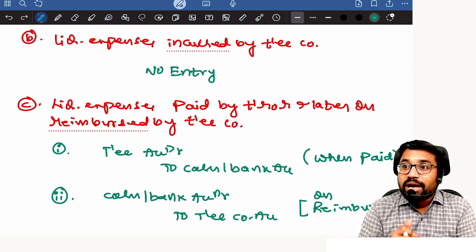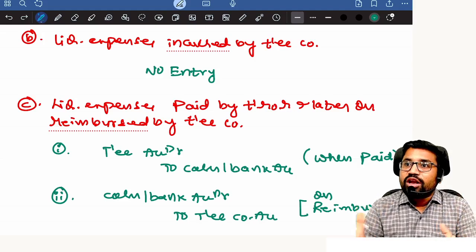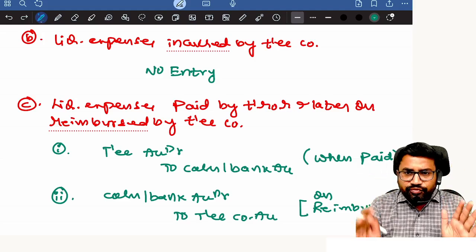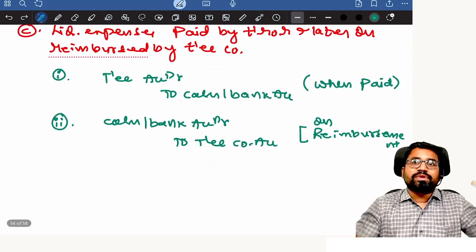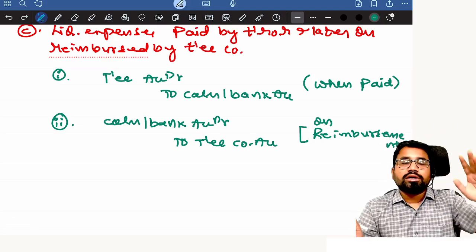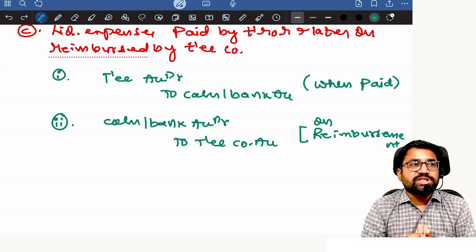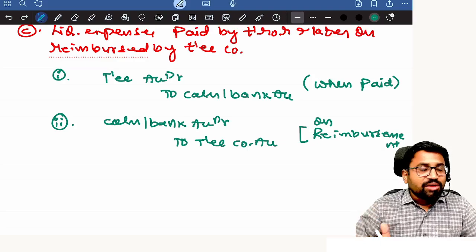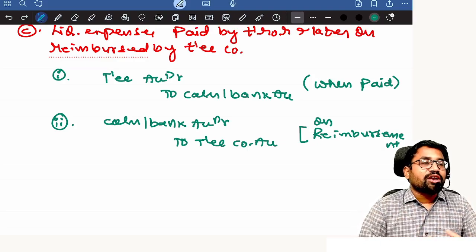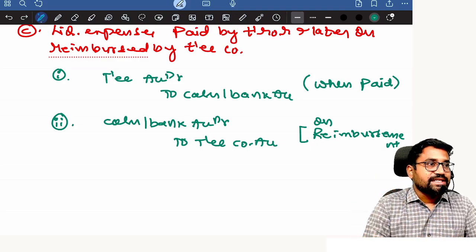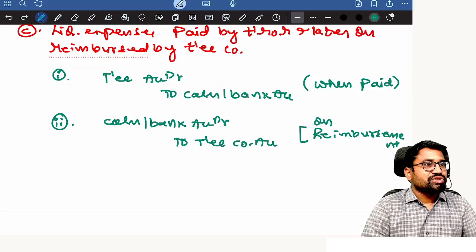But see, please involve and understand the things, very easy. First of all, always don't deviate from the subject. Whose books are we writing? Transferor. Now we are discussing liquidation expenses. First understand what liquidation expenses are. Generally when the company is liquidating, they are going to pay legal fees, surveyor fees, and whenever they are selling the assets, some auction expenses, notice expenses, all these things will be incurred.